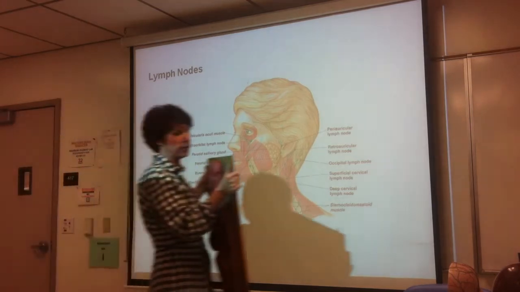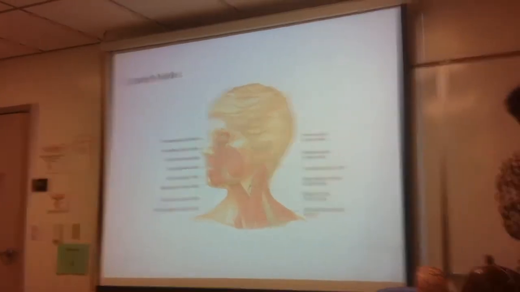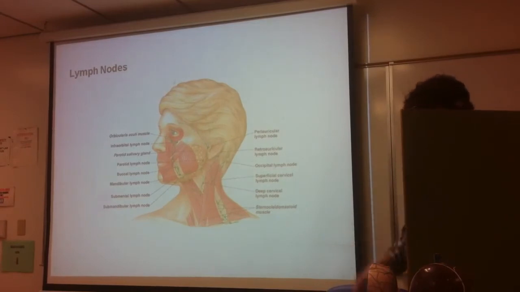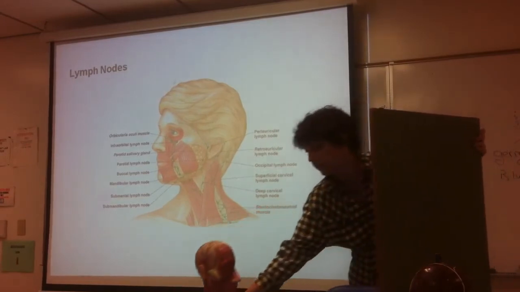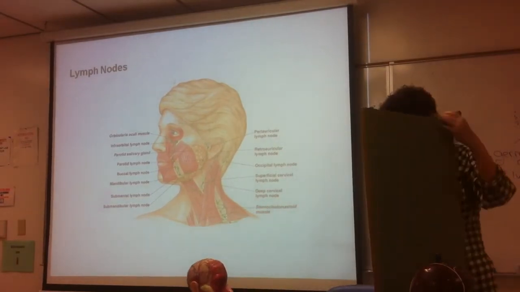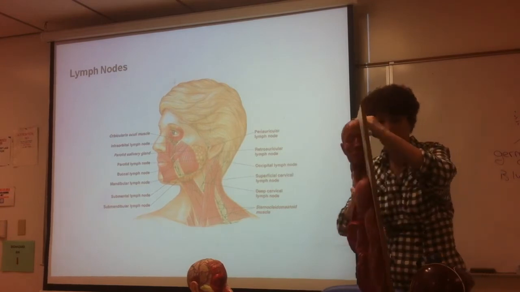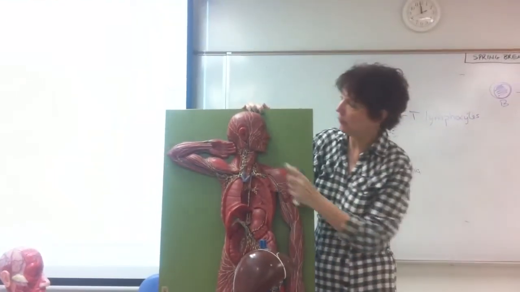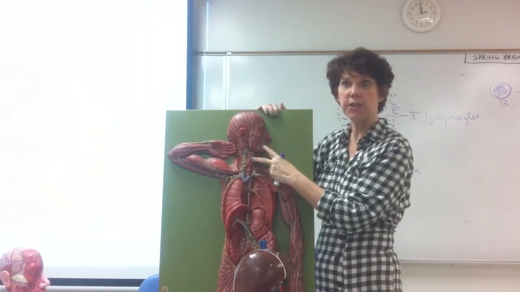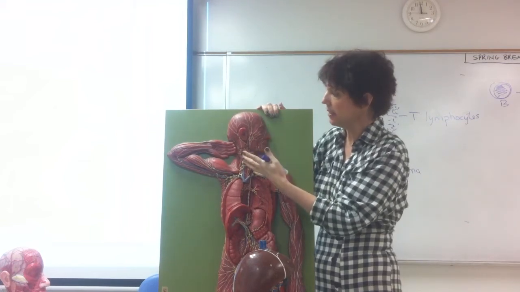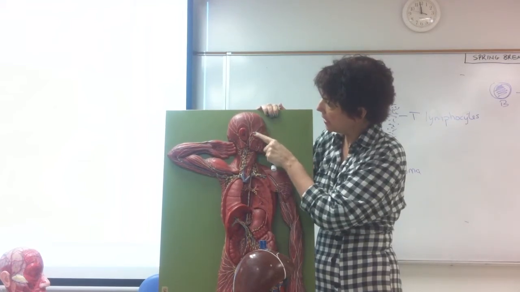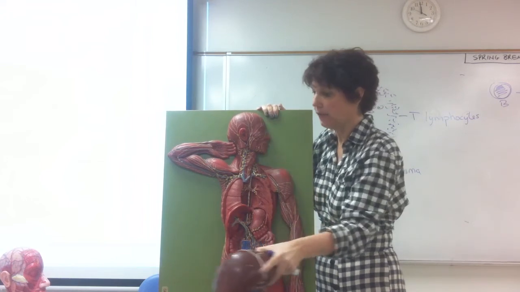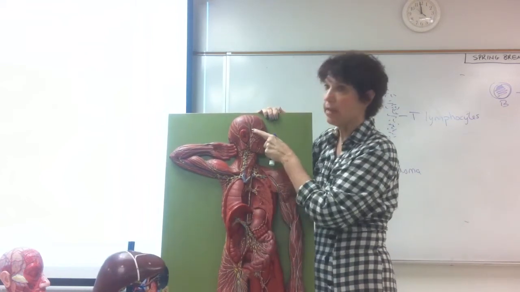And so we have two of these models that illustrate locations of lymph nodes and lymphatics. Lymphatic capillaries would pick up lymphatic fluid in the loose connective tissue or around the capillaries and carry it through lymphatic vessels. They're just identified as lymphatics. And it would enter into a lymph node.